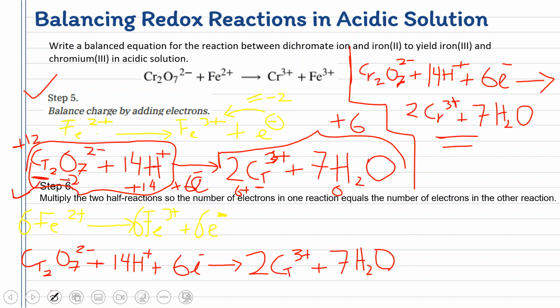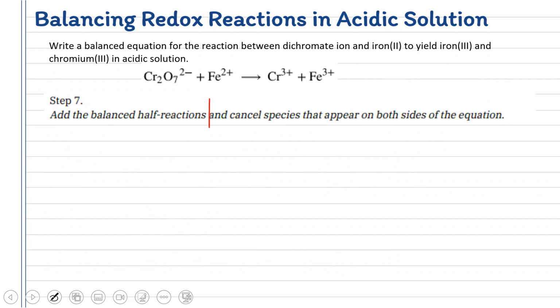So at this point, we want to write all the reactions together. Let's start with the ones in yellow. We're writing all of them together. So let's write all the left ones together, and after that all the right ones together. Let's start with the left one. We have 6Fe2+, that was in yellow, so I'm still going to write it in yellow.